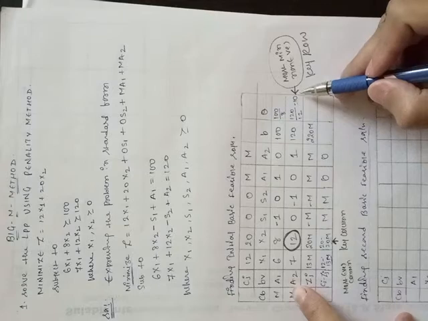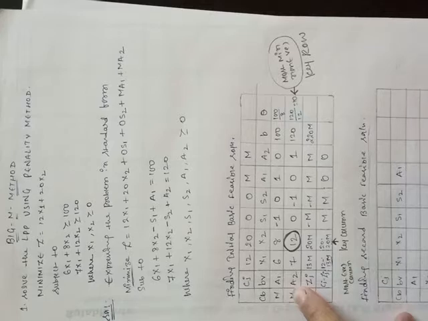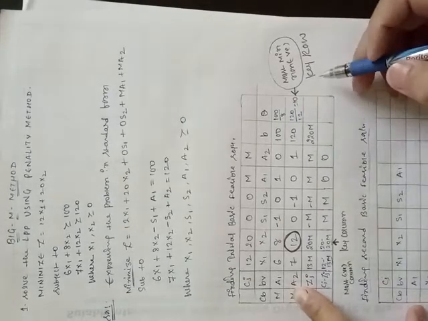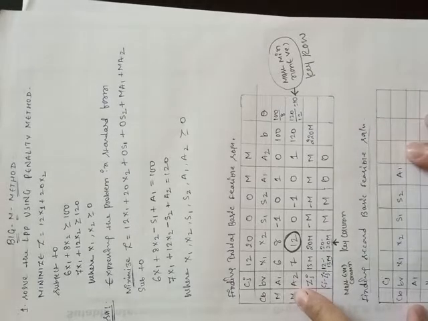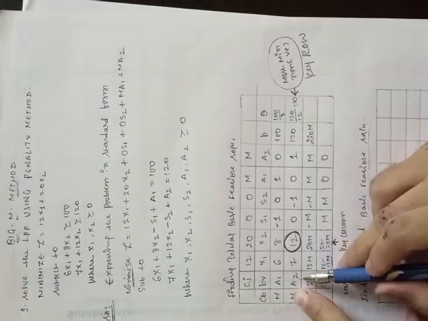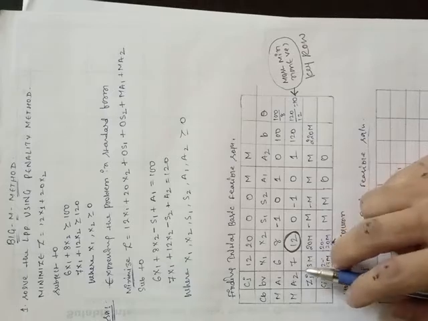This key row is the outgoing row, so A2 is replaced by x2. The key row is replaced by the key column x2. So again here x1, x2, s1, s2, a1. In the big M method, if an artificial variable is the key row, we need to neglect that artificial variable from the basic variable column.